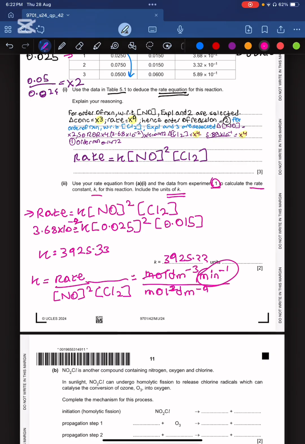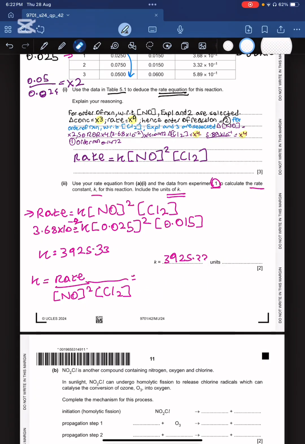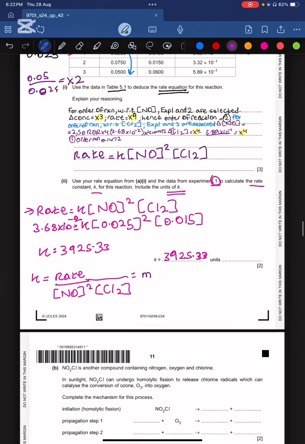And then minus 3 plus 9 becomes 6. The 2 goes upwards to become minus 2. Let me just do this again. Wait. I had mole dm minus 3 minute minus 1 divided by mole 3 dm minus 9.